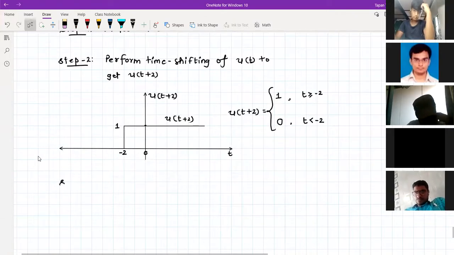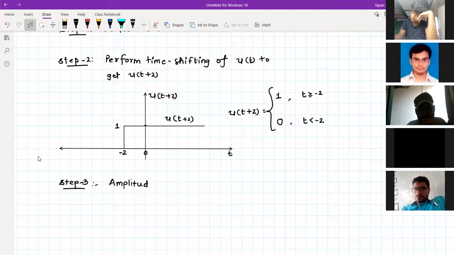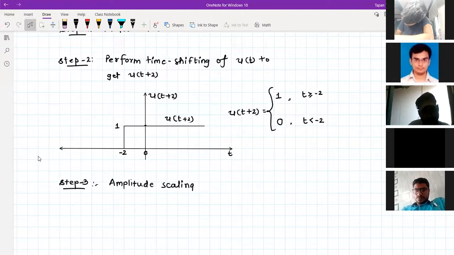So step 3 will be perform amplitude scaling of u of t plus 2.